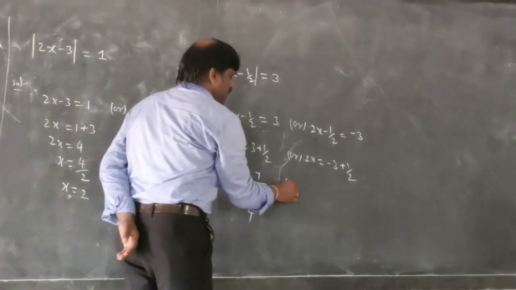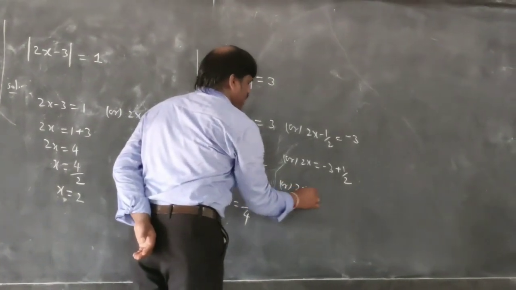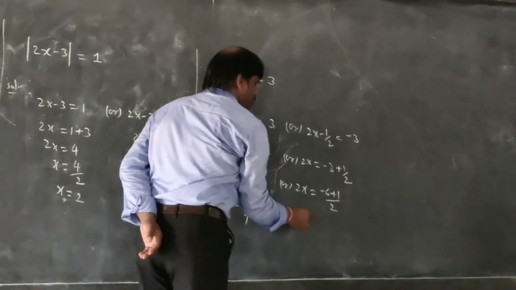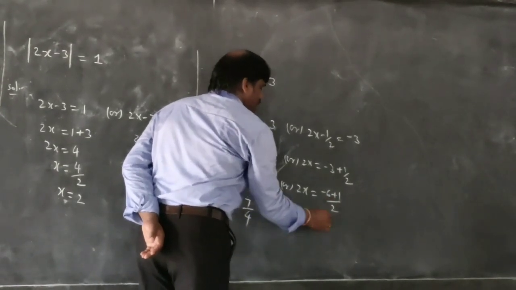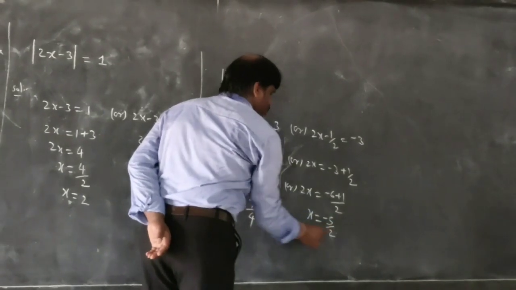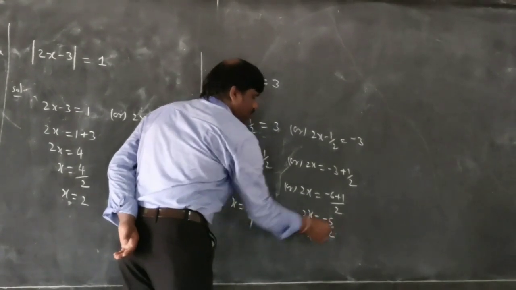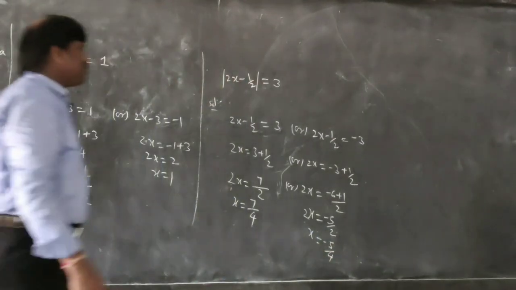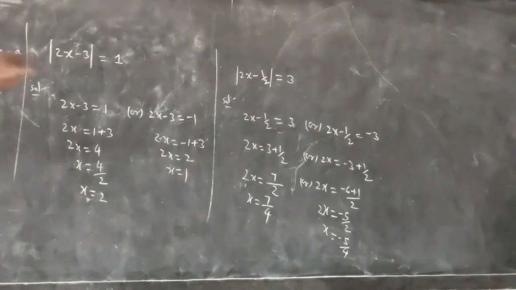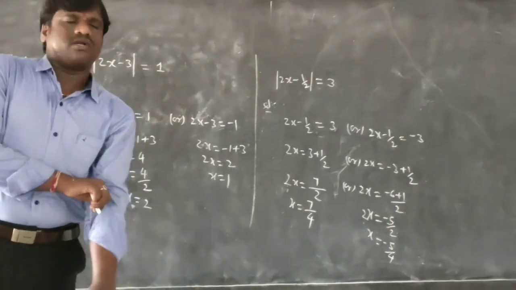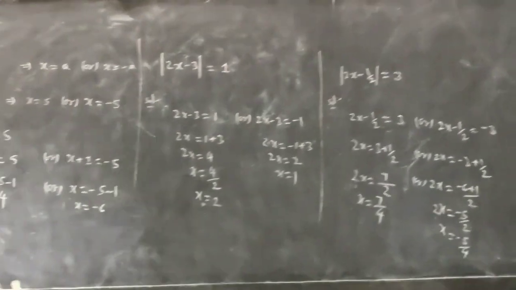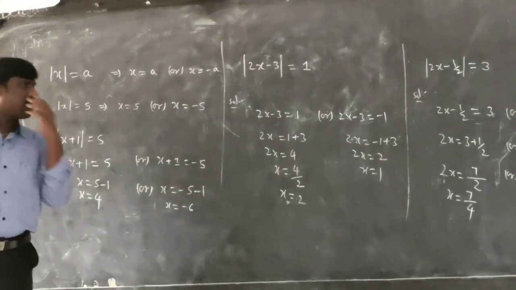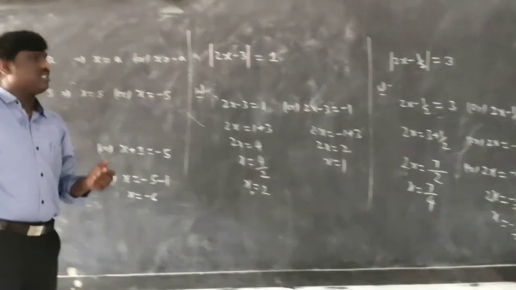Here, 2x is equal to minus 6 plus 1 divided by 2, so 2x is equal to minus 5 by 2, then x is equal to minus 5 by 4. This is a very simple one, the basics of the modulus. Whenever you have modulus equal to some constant, we write the solution this way.